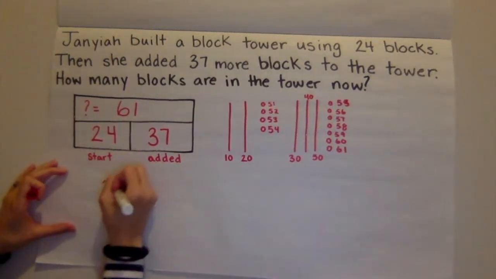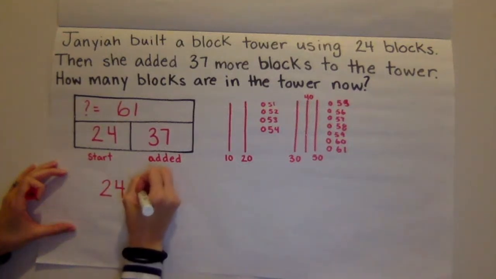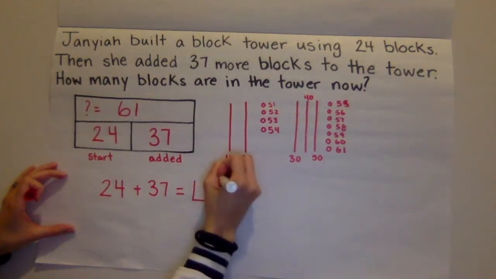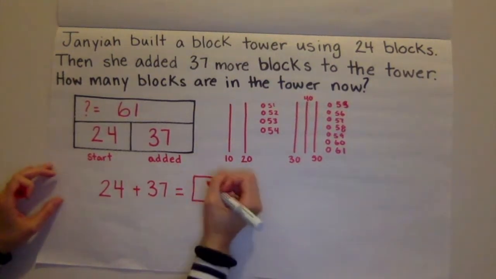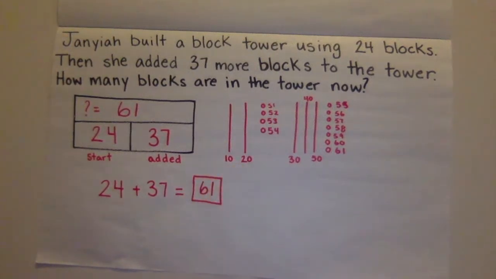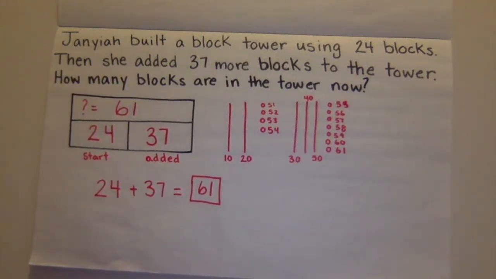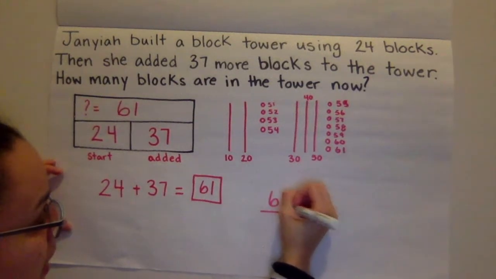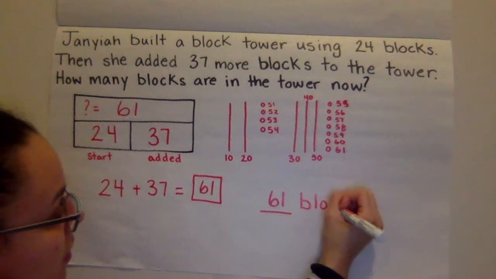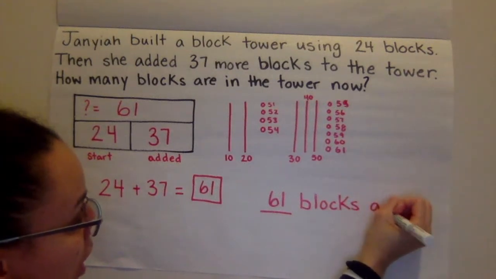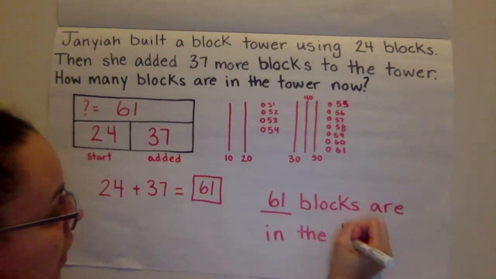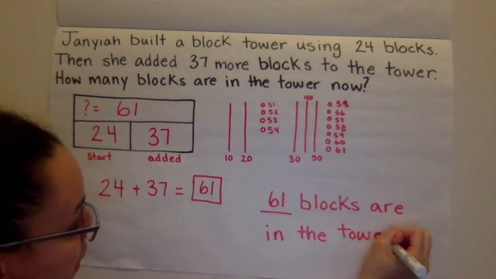Yep. We started with 24. We added 37. We needed to figure out the answer of how many all together. And we got 61. Now we're only missing our answer sentence. How many blocks are in the tower? 61 blocks are in the tower.